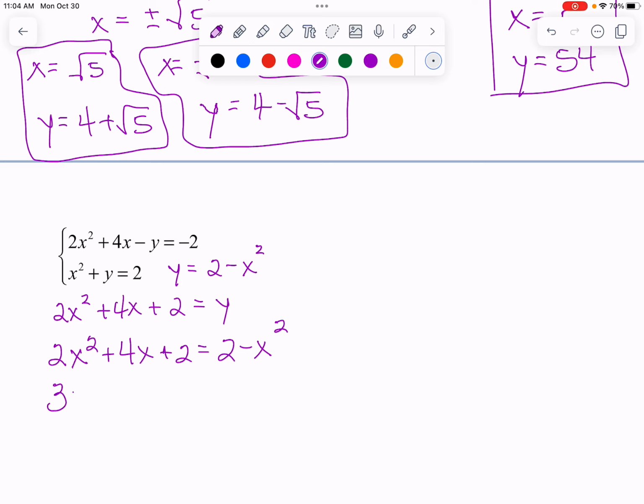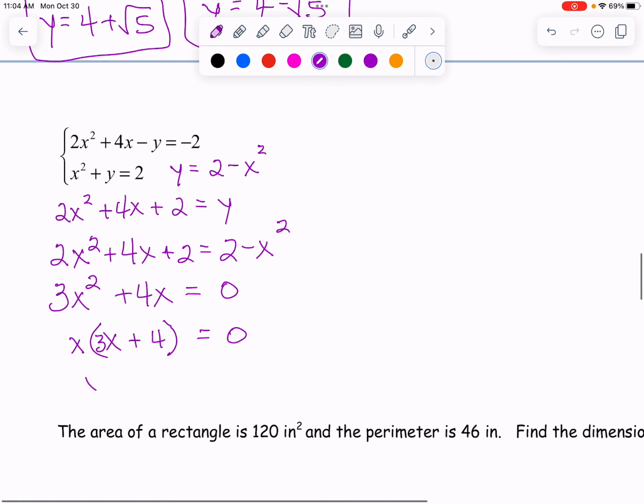This is 3x squared plus 4x equals 0. Factor x out, x times 3x plus 4. x is equal to 0, and x is equal to negative 4/3.